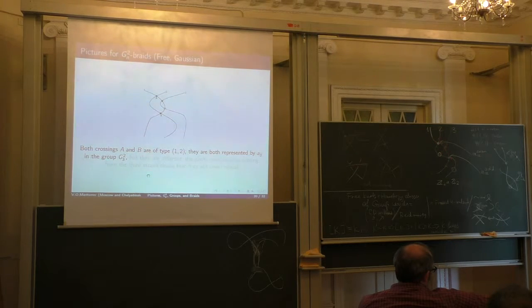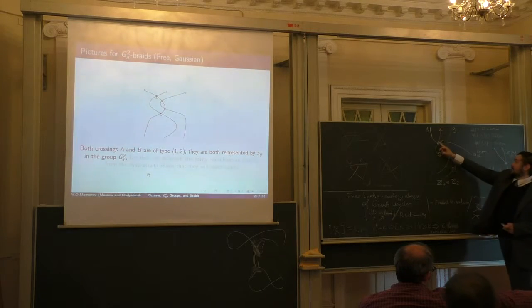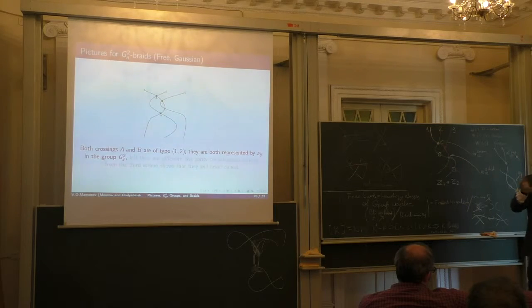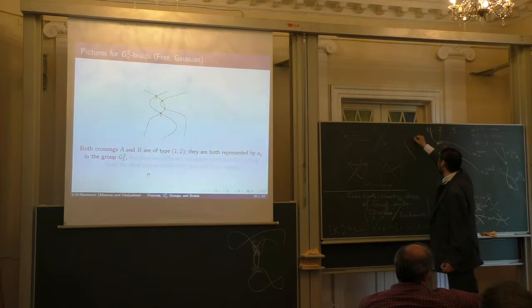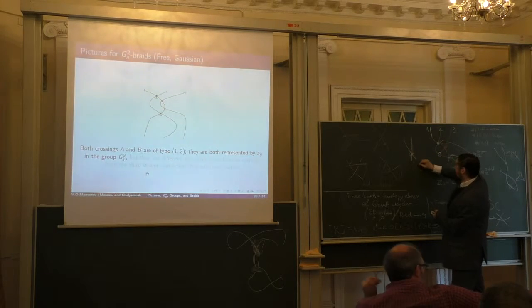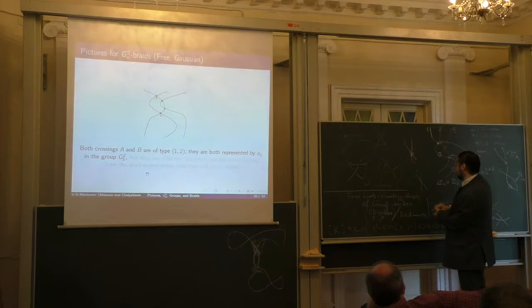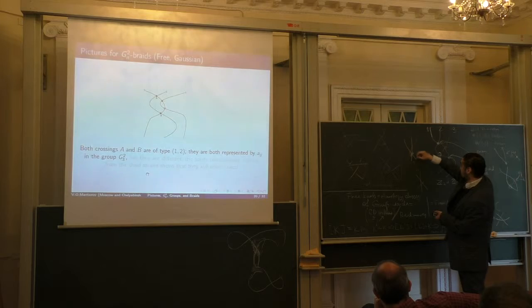And actually, one can easily check that the parity of that number remains the same if I apply, say, the third Reidemeister move. So, for example, if I had some number of crossings here, it can change by 2, but this number mod 2 remains the same.